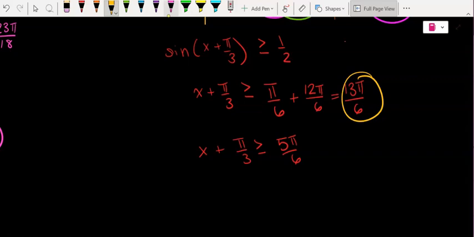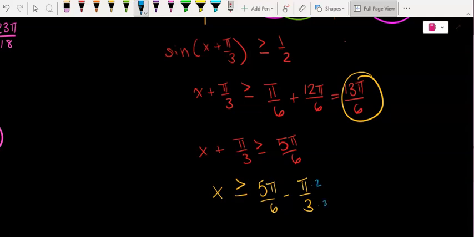So I'm going to go ahead and subtract pi over 3 from both sides. When I do that, I'm going to get x is greater than or equal to, when I do 5 pi over 6, let's go ahead and write it out, minus pi over 3. When I do that, I'm going to have to get my common denominator.